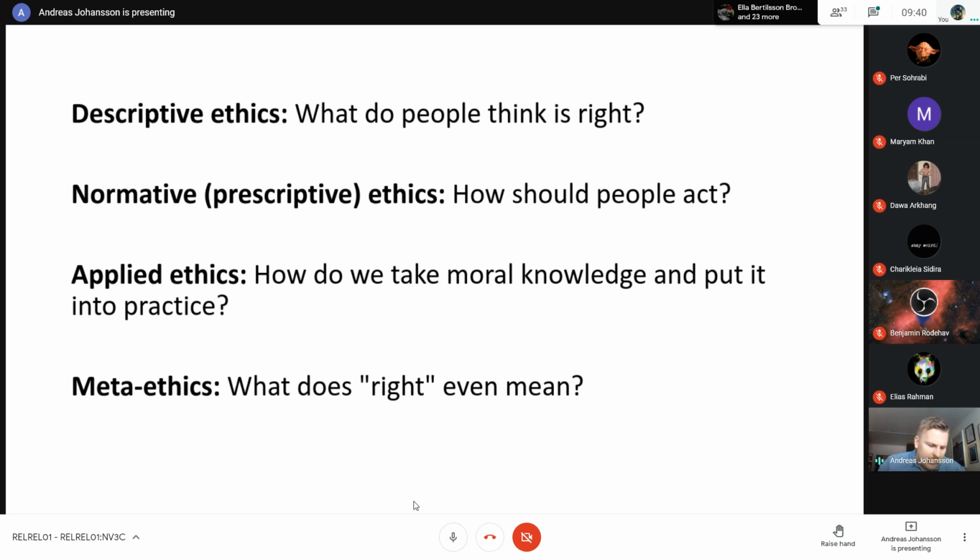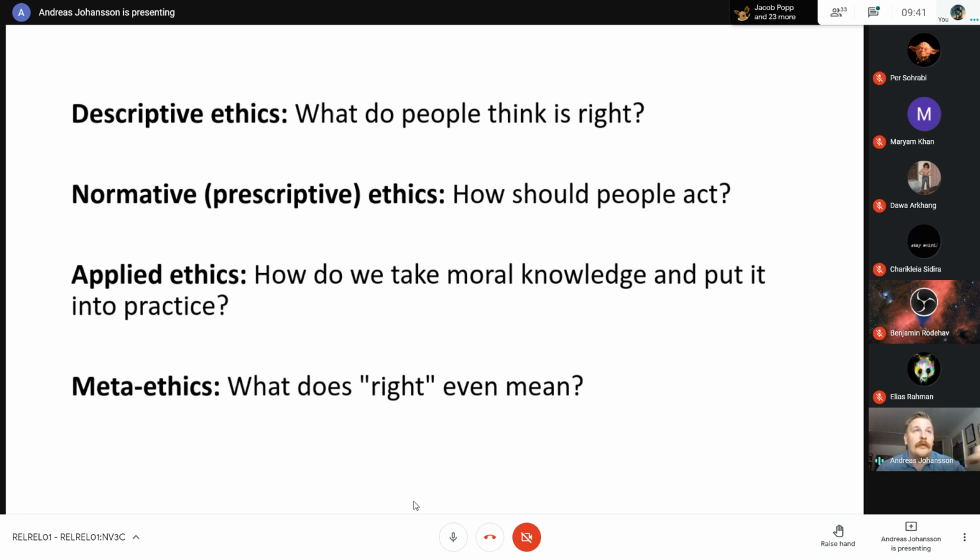Sometimes people also tend to use the word applied ethics, and I guess when we talk about applied ethics, it is when we put these normative theories into action, so to speak. And for the philosophers in the room, we also have to mention meta-ethics.